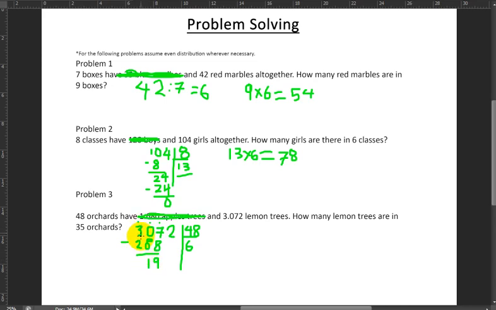That makes 1. And here I'm going to do 3 take away 3 because I borrowed before, so that's 0. So here I have a 19. I'm going to pull the 2 down. And now, well, I checked here. 19 is less than 48, so I can continue.